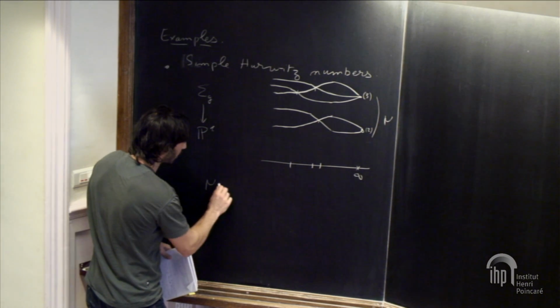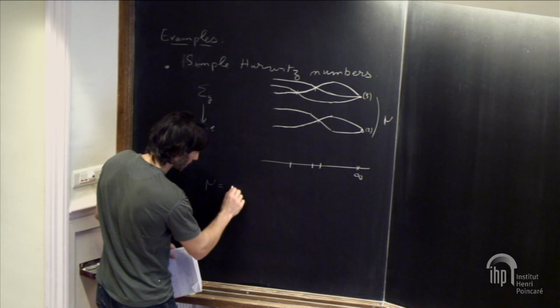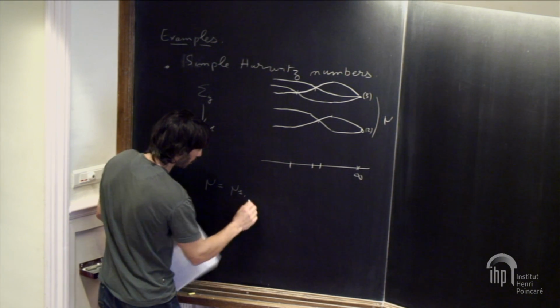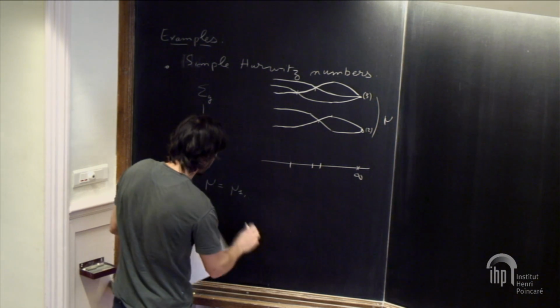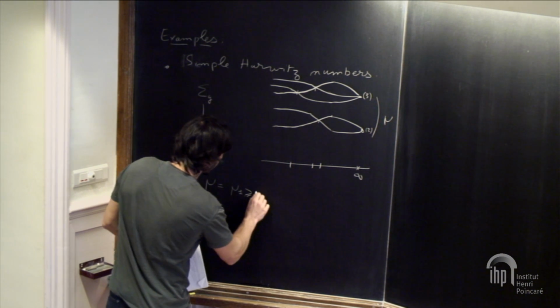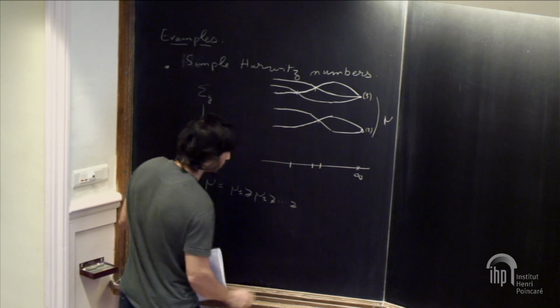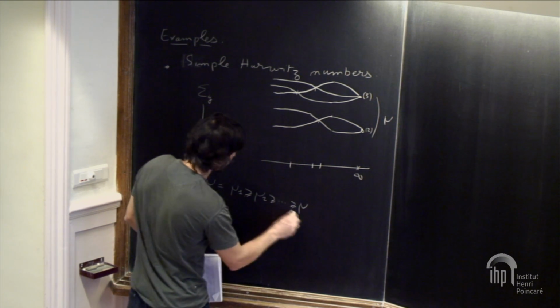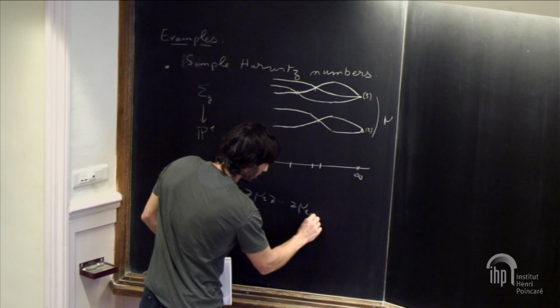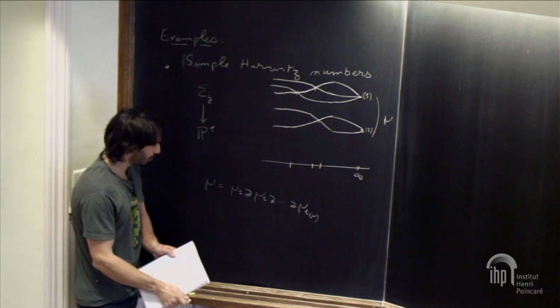I will use the notation that mu is a partition, the data of mu1, mu2, up to mu_l. And l is what is called the length of the partition.